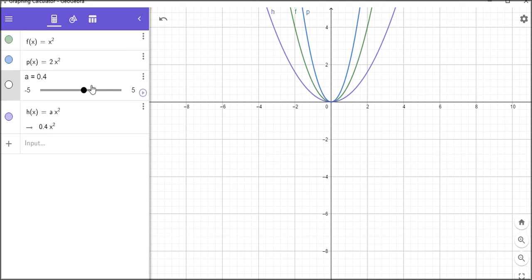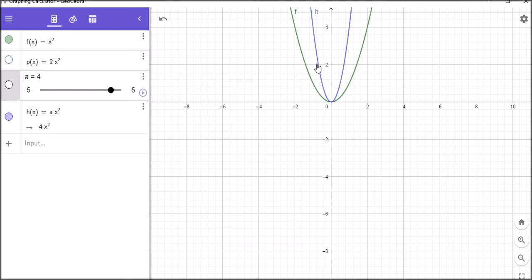We continue to change a to 1.4, 1.8, 4. Here we hide that one.